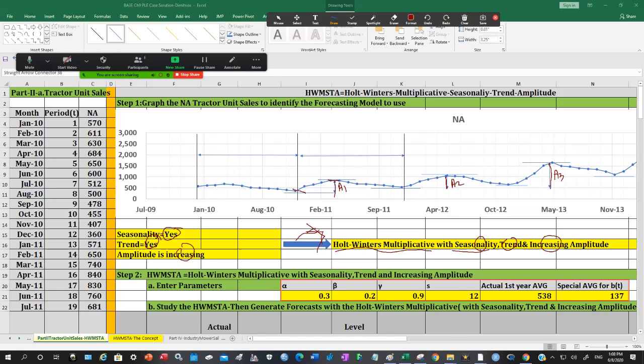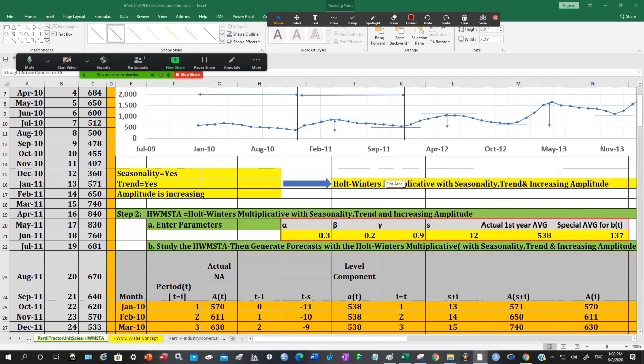So we need to do the graph, and we did the graph with these two columns. Again, this column and that column. These two columns are basically the same thing. Instead of using a month, we use a period number. So that's the period, okay? T equals 6 in this case. So we will need 3 parameters, 3 smoothing constants, and those are shown right here: alpha, beta, and gamma.